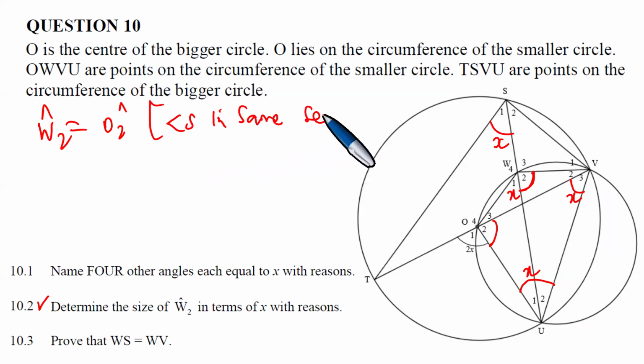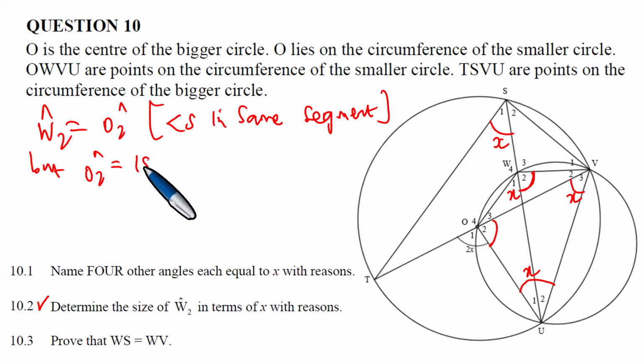Right. But the angle O2 is a good angle because this is a straight line. So you can then say 180 degrees minus 2x. So the angle O2 is 180 degrees minus 2x.